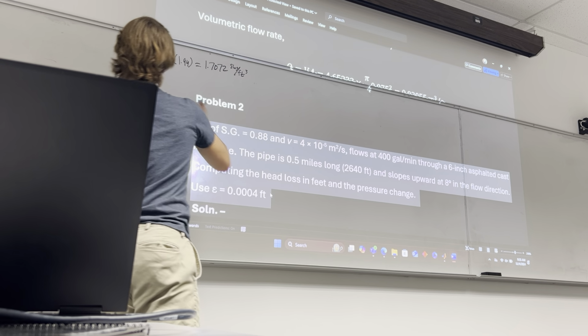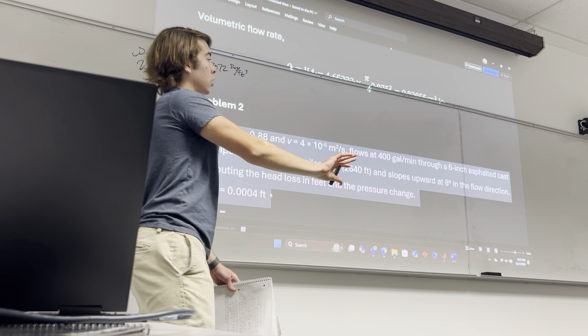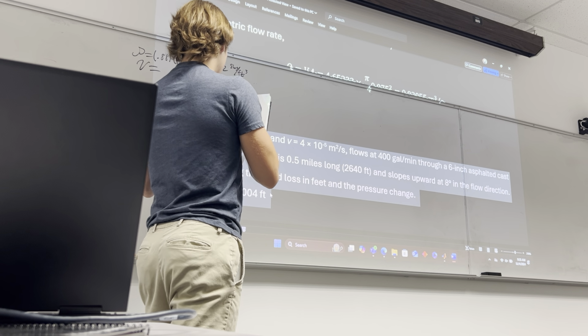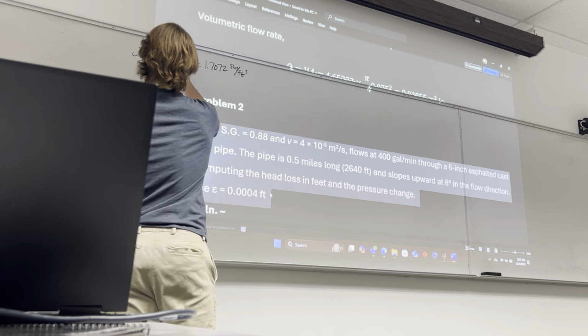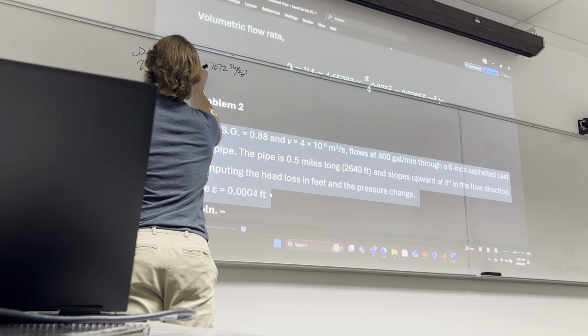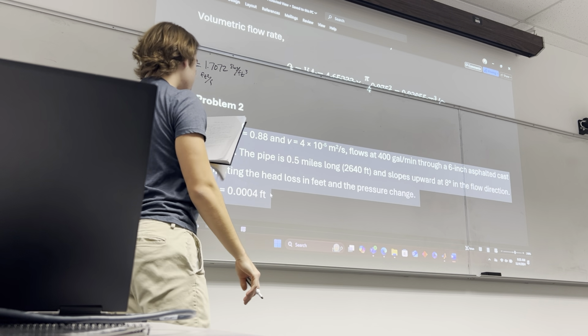And then we know kinematic viscosity. I'm just going to write it in the converted value, square feet per second. It's 4.303 times 10 to the negative 4 square feet per second.